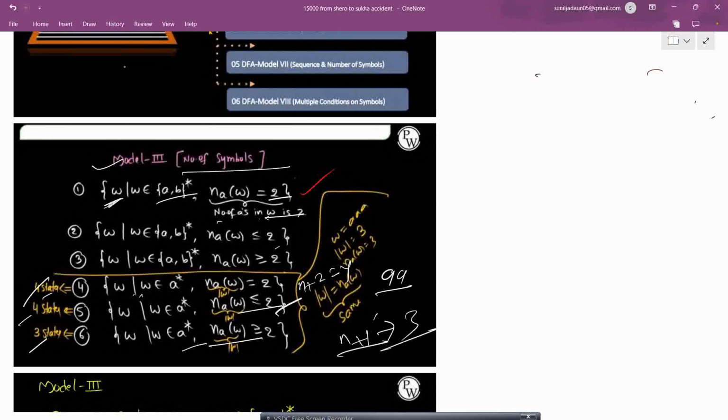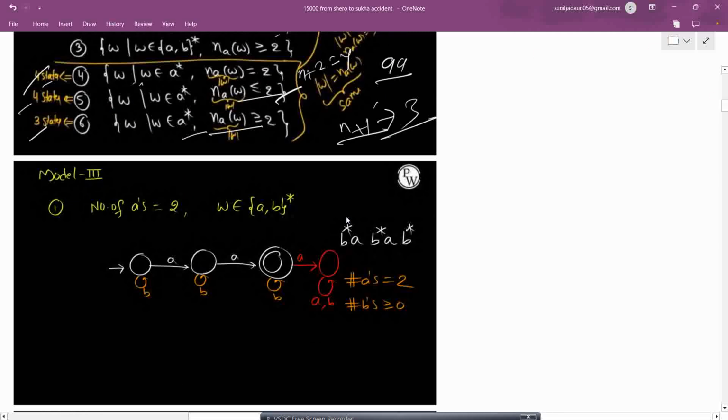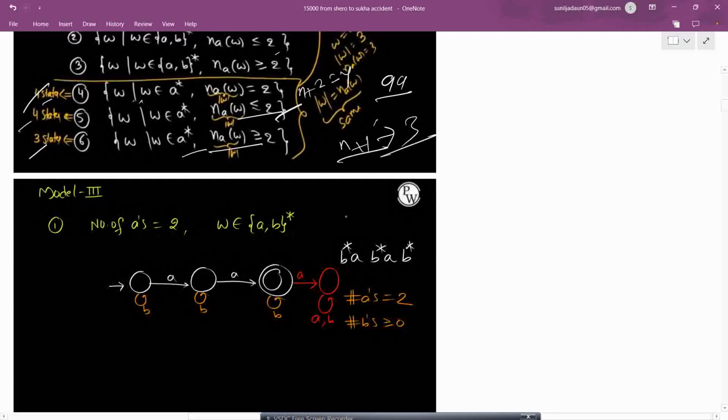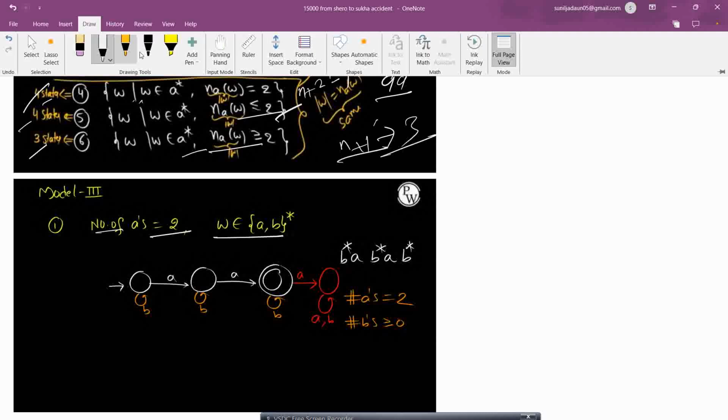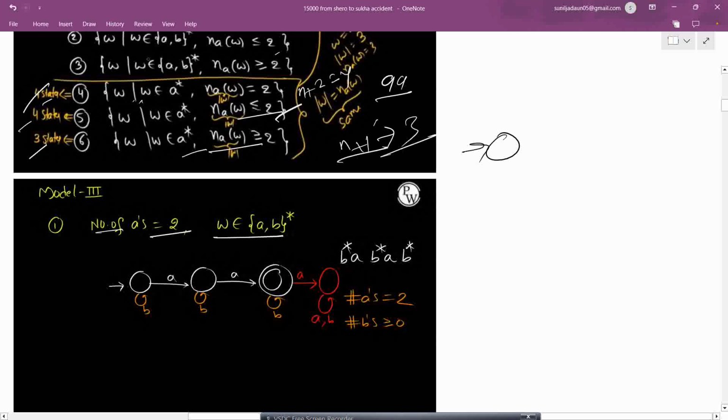Alright? So how to do this? Number of A's is equal to 2. Alright? So how can we do this? Let's discuss. This is an initial state. If it is a B, we can stick to this. If it is A, we will go through this.